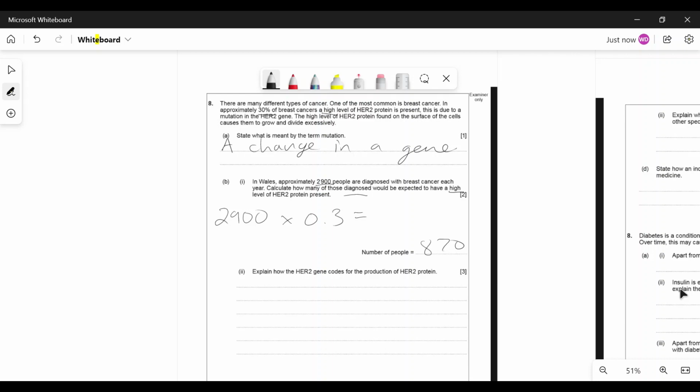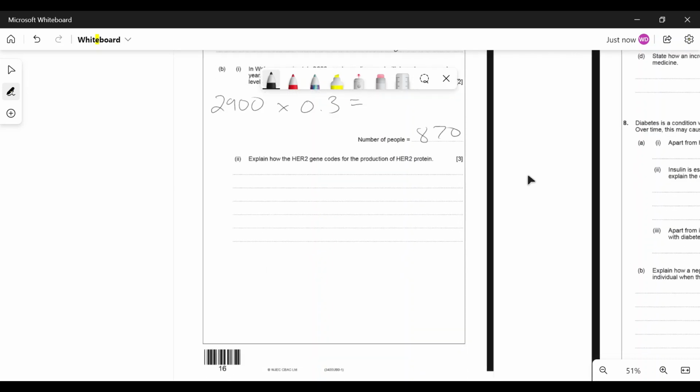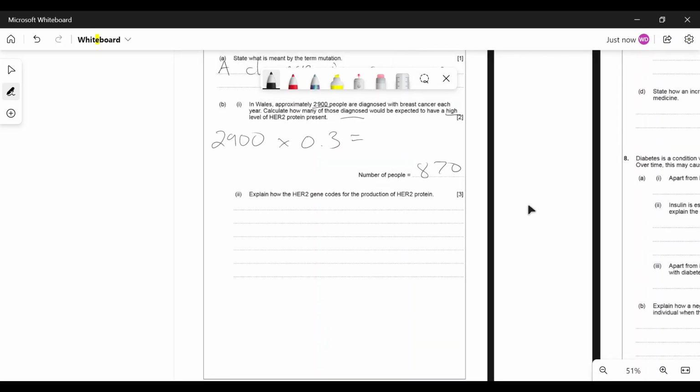Explain how the HER2 gene codes for the production of HER2. It works as a triplet. The genetic code is a triplet code. That means that 3 bases, or a triplet, codes for 1 amino acid. The sequence of triplets will code for the sequence of amino acids found in a protein.